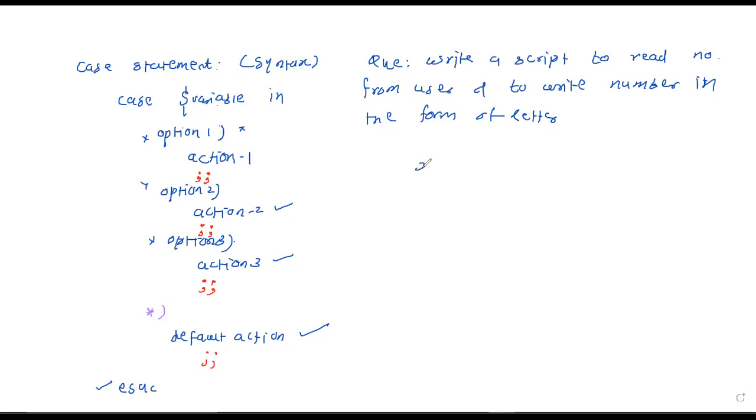That means if we enter a numerical form, then we want to perform an action like this. The entered number is 2, TWO. Suppose we enter 3, then the entered number is 3, THREE. Okay, in this way.